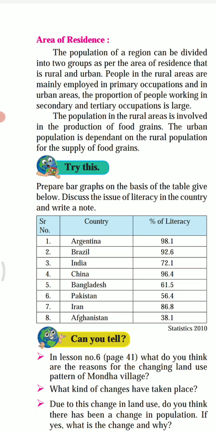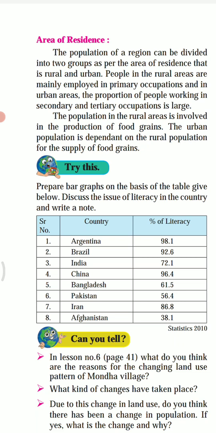Children, you can see in your book, page number 46, a table is given. And based on this table, you have to prepare a bar graph. Now it is not necessary for you to draw the bar graph, but the table which is given here is important for you, because in this table the percentage of literacy as well as the name of that particular country is given.